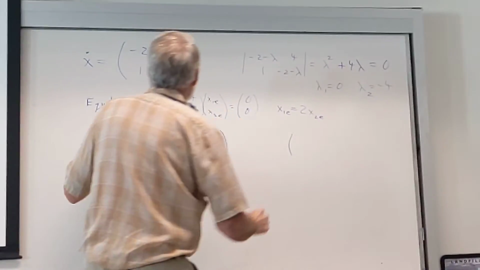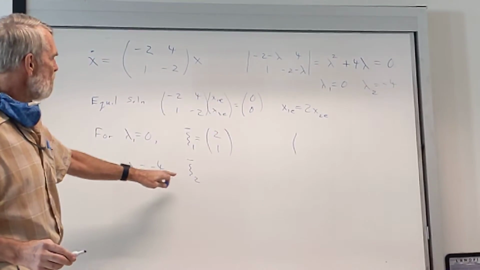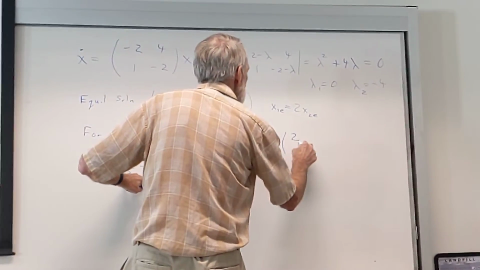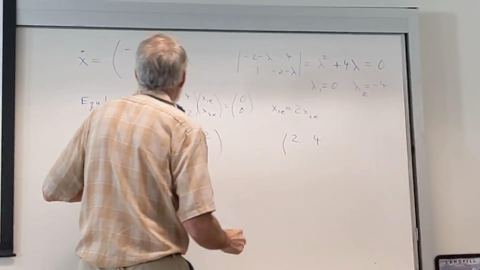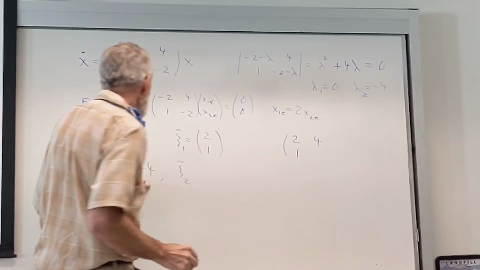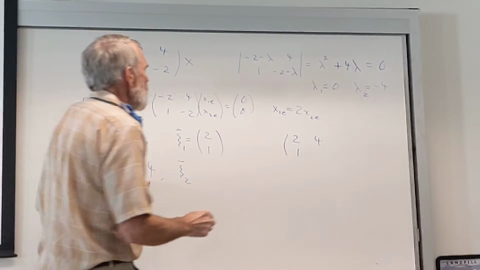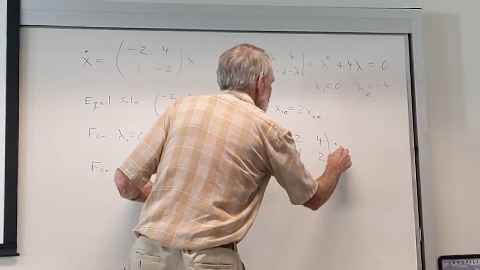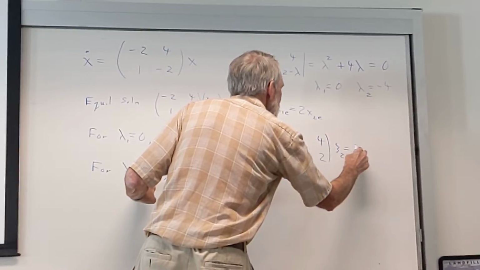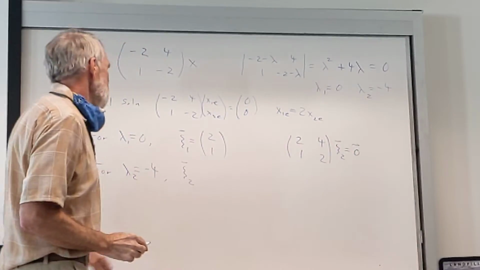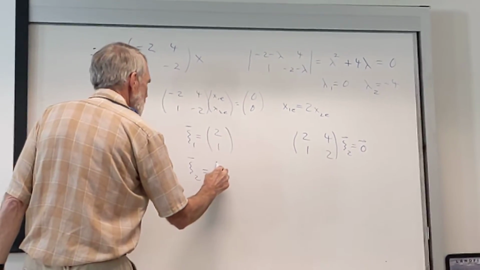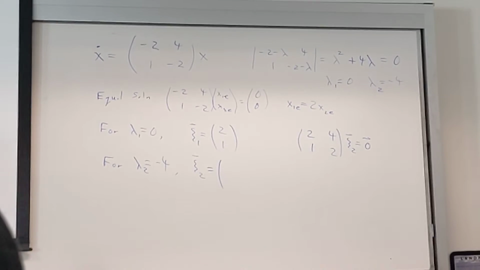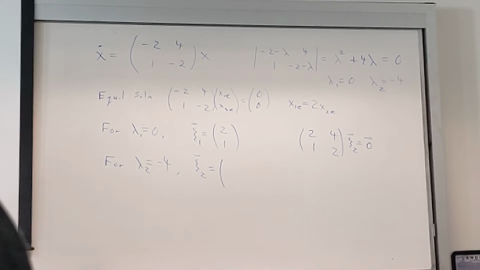If I put the minus 4 in here, this will give us a 2, 4, 1, and the minus 4 there, 2. Right? Give me an appropriate eigenvector for that. Negative 2, 1? Okay, negative 2, 1 sounds great.